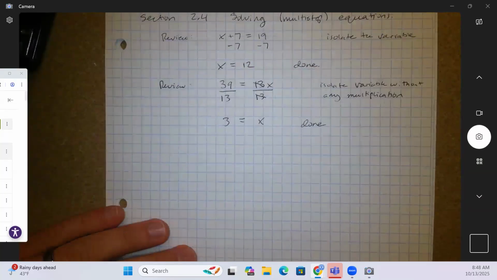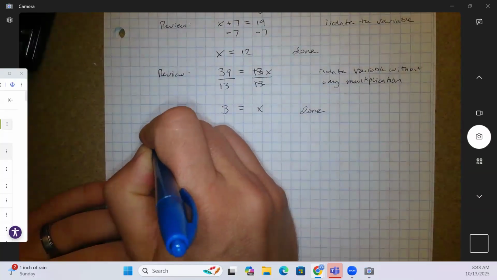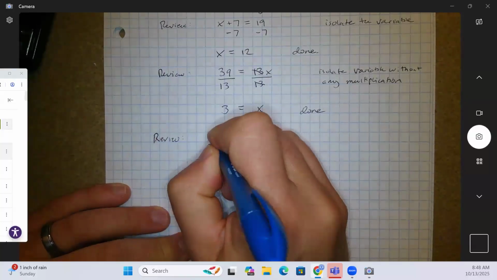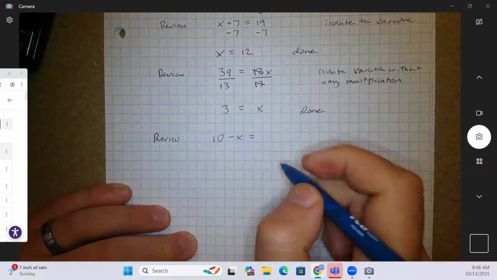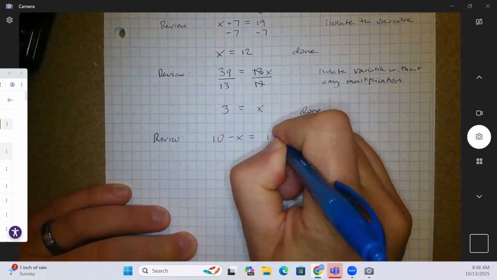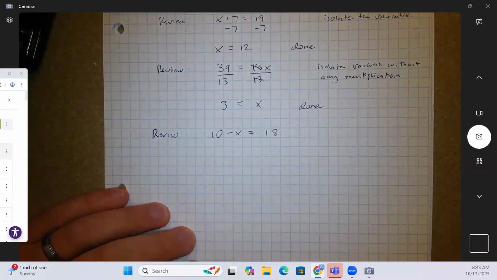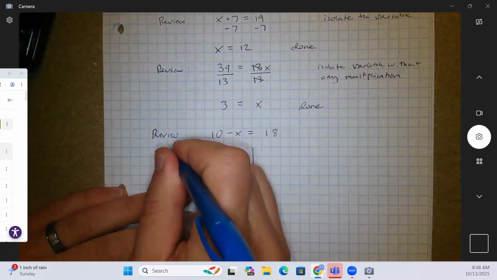One more review example. And this one I'm going to solve in 2 different ways. 10 minus x equals 18. Let's do that one. And let's solve it 2 different ways.